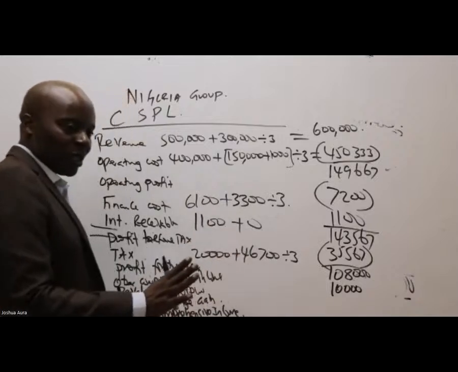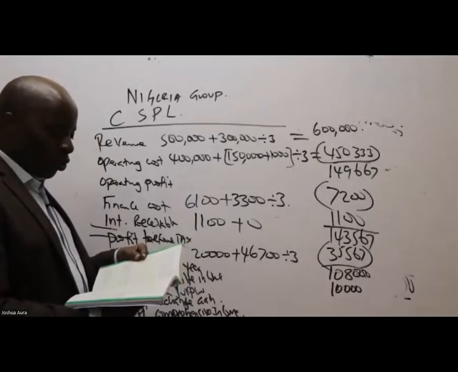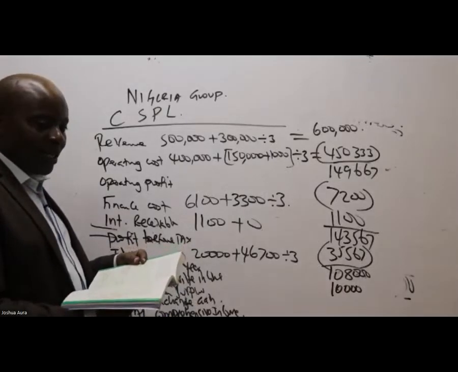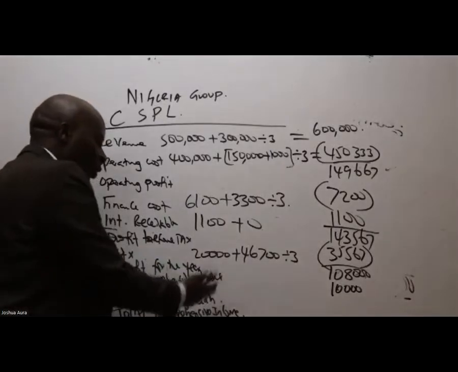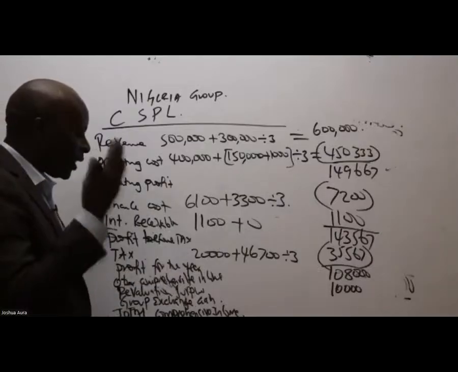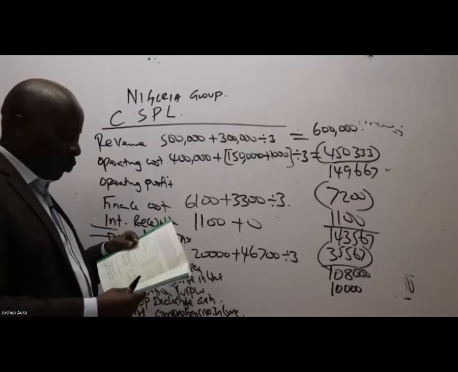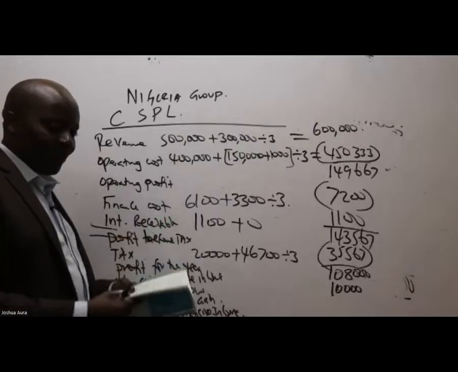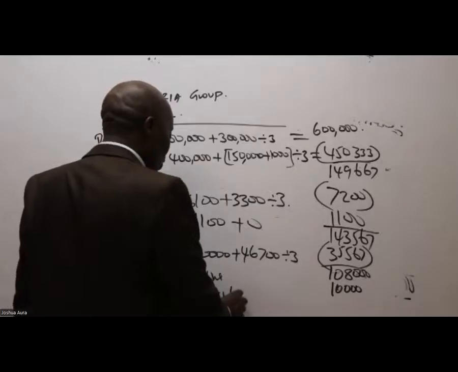And then now we have the last one, which is the group exchange gain. Don't share. You take the whole figures before sharing. Are you able to give us those group exchange gains? I remember one of them was 4,600 for the net assets.